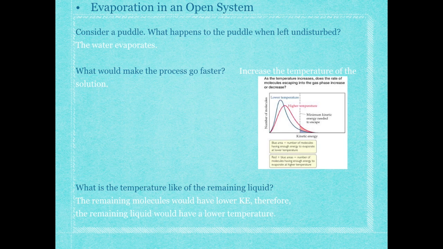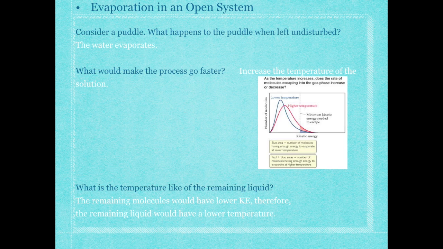If you look at this graph, it helps us understand the relationship between temperature, kinetic energy, and the number of molecules that are able to evaporate. There is a minimum kinetic energy that molecules must have in order to transition from a liquid to a gas.